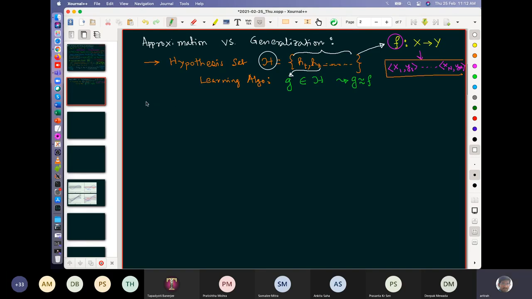So the consideration is, let's say case 1: I have a more general hypothesis set, which means I can do many things, and therefore I have higher or better chances of approximating the function f. I hope you agree with this point. If it is more general, there are more possibilities, so you have a better chance of coming close to it.